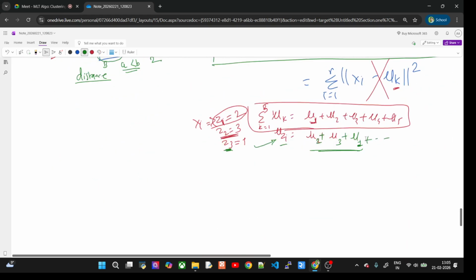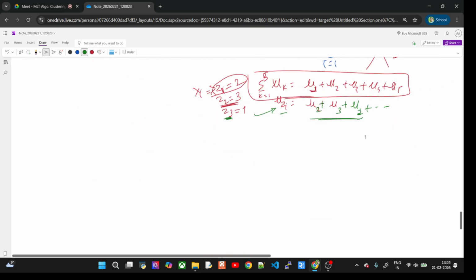So our actual goal is that whatever value you have calculated, xi minus mu zi whole square, that value has to be minimum, over all the points, going from z1 till zn.